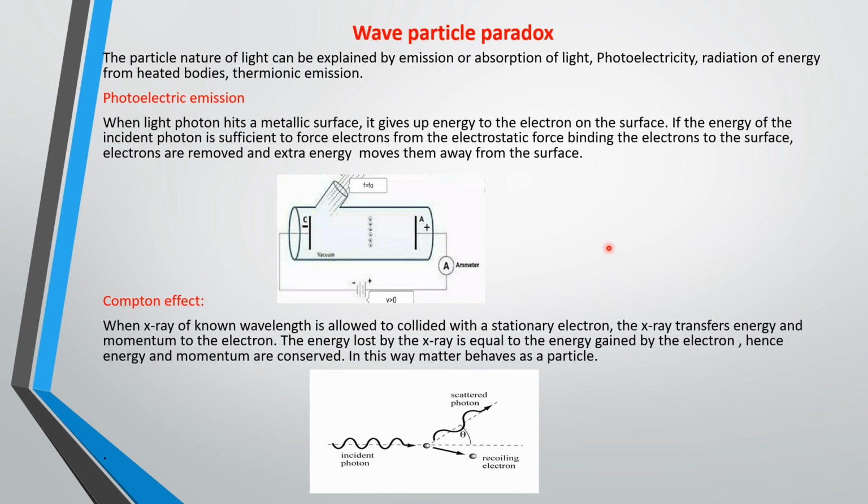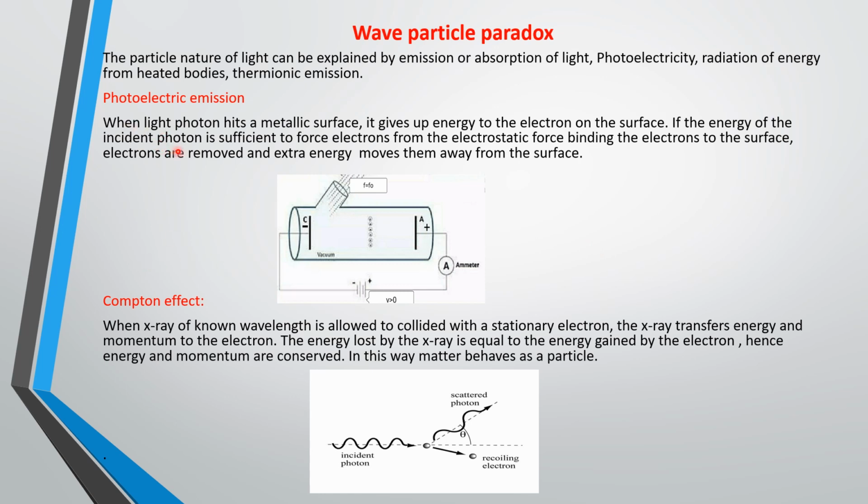If the incident light has sufficient energy, it can remove the electron from the binding force that holds it to the metallic surface, and the electron can drift away and move towards the anode.